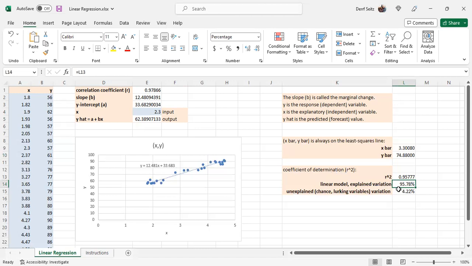So 95.78% is explained variation by the linear model. And the remaining 4.22%, which is 1 minus the 95.78%, is unexplained variation due to chance or lurking variables.